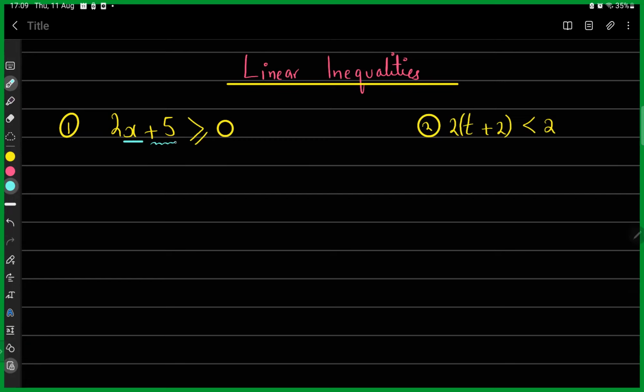So I will take this plus 5 to the other side and it would become 2x is greater than or equal to minus 5. Now I'm almost done. I just have this 2 that is being multiplied with x. So I'll take it to the other side and divide, so it would become x is greater than or equal to minus 5 divided by 2.